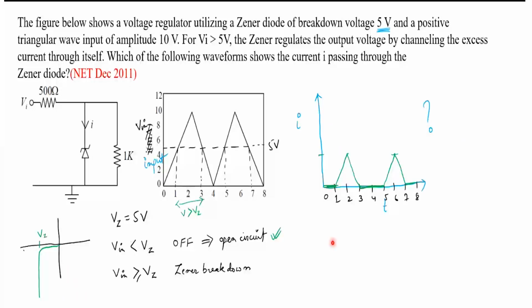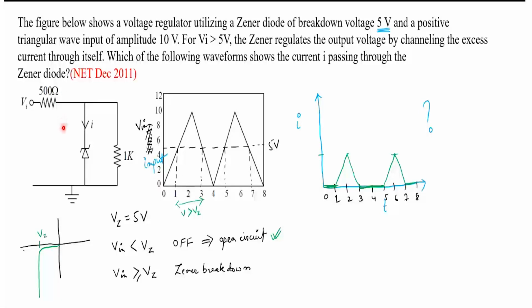The voltage across the Zener diode should be greater than 5 volt. Between VI, the input voltage, and the Zener diode, there is 500 ohm, so there will be some drop. Okay, I understood what you're trying to say.